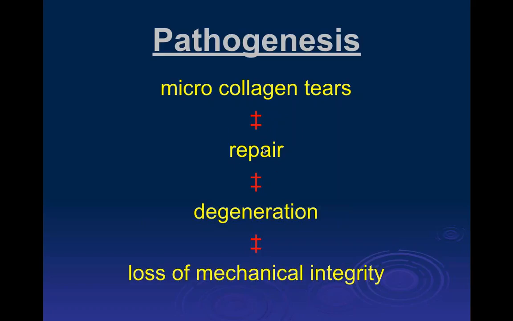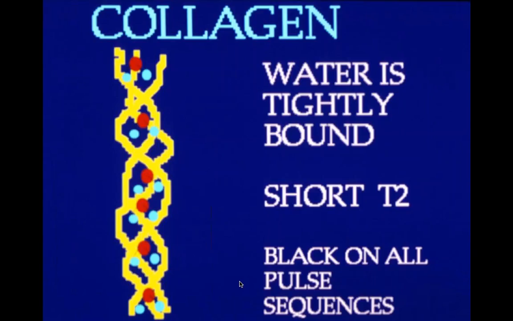If you have a lot of repair and a lot of injury, the repair can't do a perfect job, and that leads to loss of the normal microscopic structure of the collagen fibers, which leads to increased fluid and fraying of the collagen strands. That leads to increased water imbibition by the tissues and increased signal intensity on the MR images. And then finally, if you get enough of that, you lose mechanical integrity, and that can then go on to an actual tear.